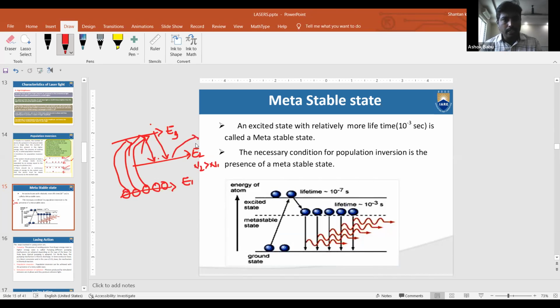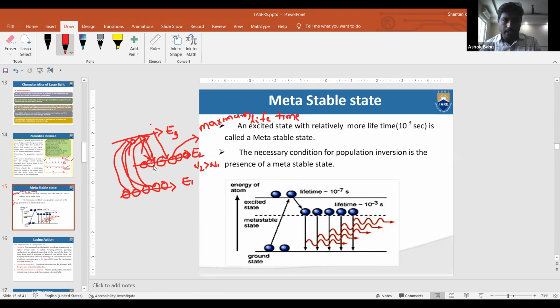In the metastable state, atoms spend their maximum lifetime, so they stay the maximum time in the E2 state. Using the pumping mechanism, we continuously send atoms to the higher energy state, and due to de-excitation, they appear in the E2 state.